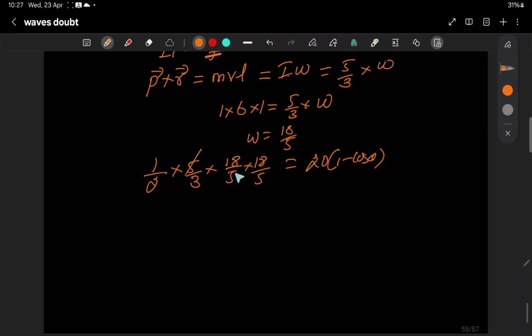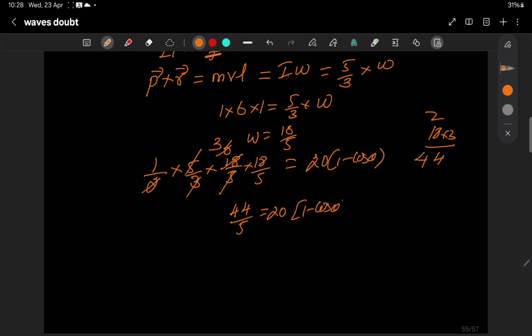Here 5 and 5 we can cut, 6 threes are 18. We could have kept it as it was the first time, but that's fine. So if you cut it, this is 3. So 18 into 3, what will we get? 44. So 44/5 is equal to 20 into 1 minus cos theta.